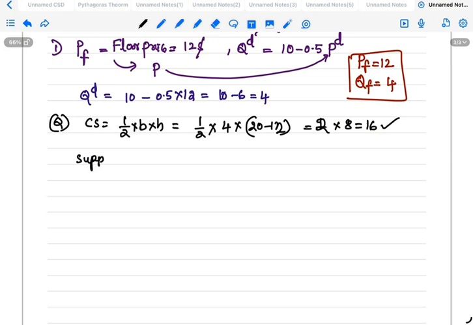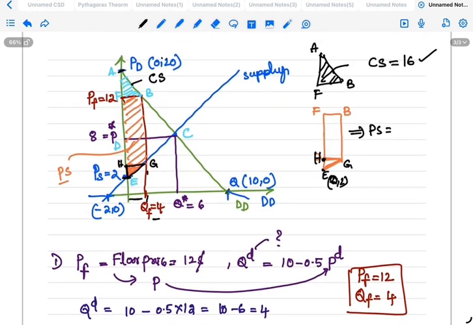The supply function is Q plus 2 equals PS. At Q equals 4, 4 plus 2 equals PS, that equals 6. So point H is (0, 6).